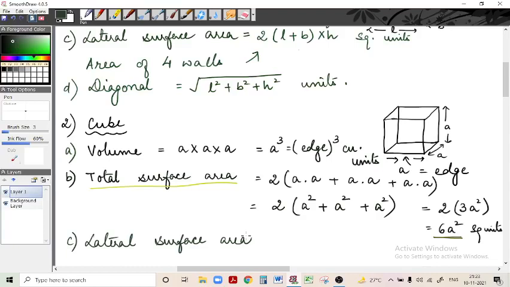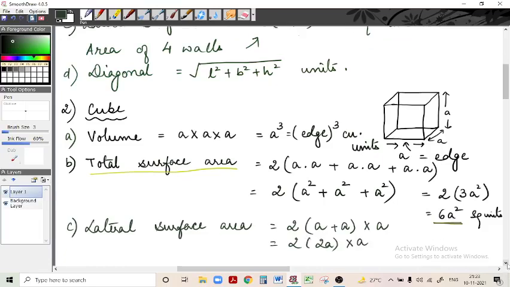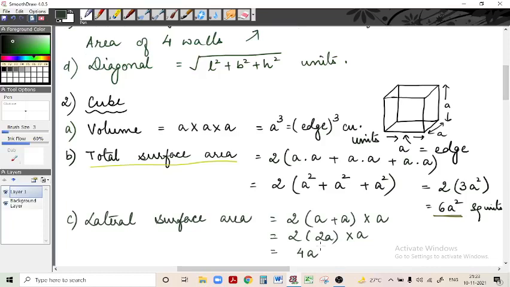Lateral surface area is twice of length means A, breadth means A, height means A. So this is twice of A plus A, which is 2A, into A. So this is equal to 4A, and A into A will be A square.